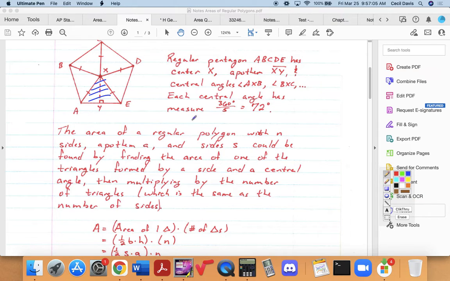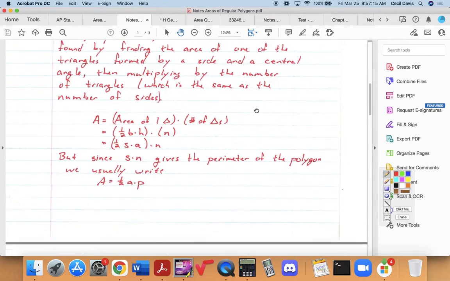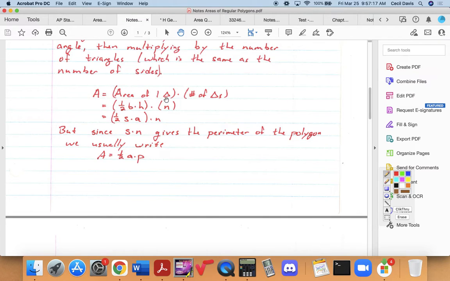But there is a formula that is slightly shorter so that you're not doing it in 2 separate steps. Okay? And here's how it works. What we would do is we would take the area of one triangle and multiply by the number of triangles, right? The area of any triangle is half base times height, and the number of triangles is going to be equal to the number of sides.